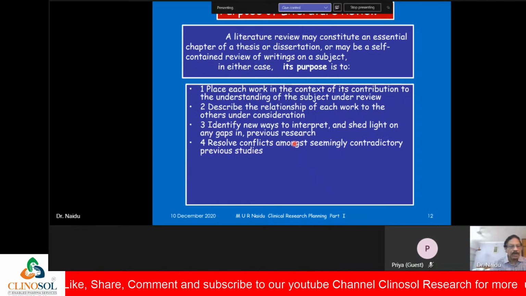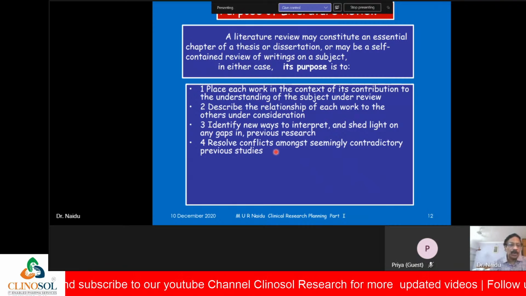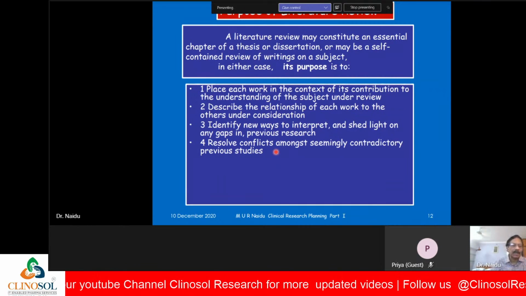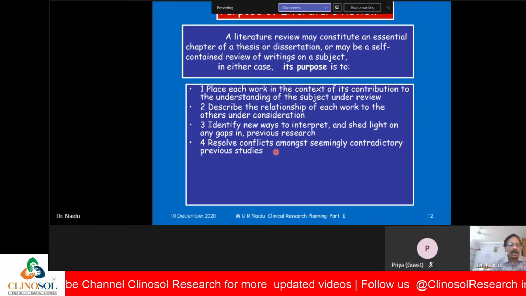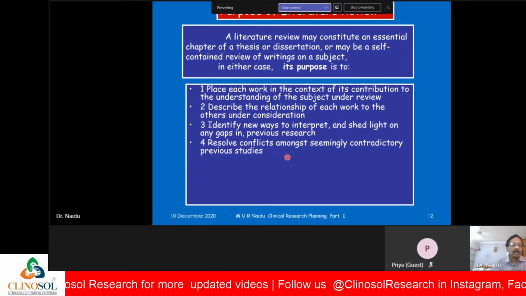It will resolve the conflict among seemingly contradictory previous reports. You might have come across this for COVID also: people have mentioned that X drug is working very well, while other literature published in journals says no, this drug is not working.